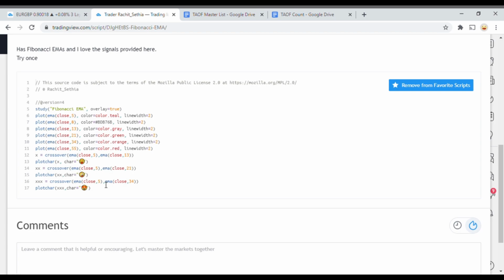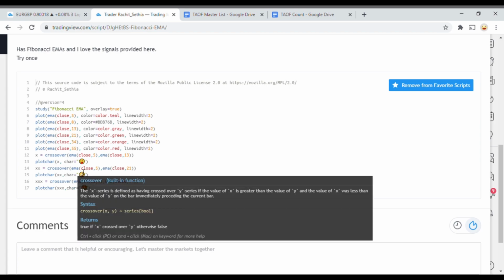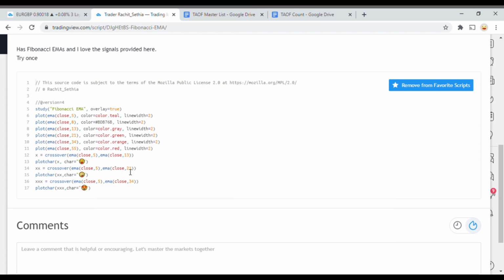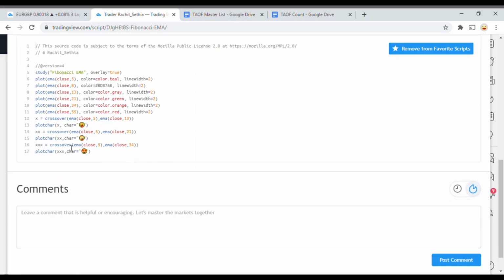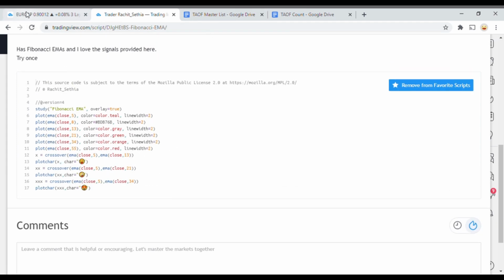And then the crazy face smiley face is a crossover of the 5 period crossing over the 21 period. And the heart eye smiley face is a crossover, the 5 crossing over the 34.